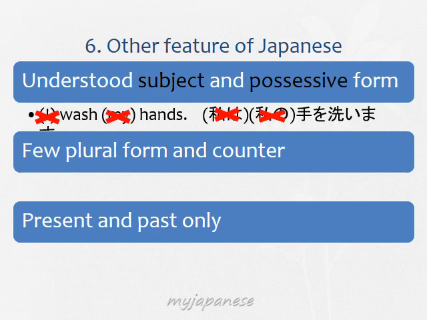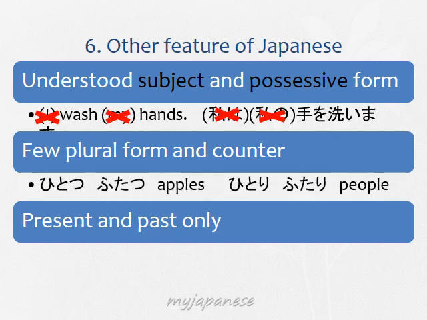In English, it is same when you count apples and people. You count like 1, 2, right? But in Japanese, when we count apples, we count 一つ、二つ. When we count people, we count as 一人、二人.